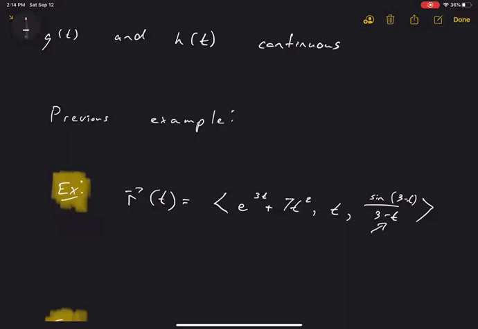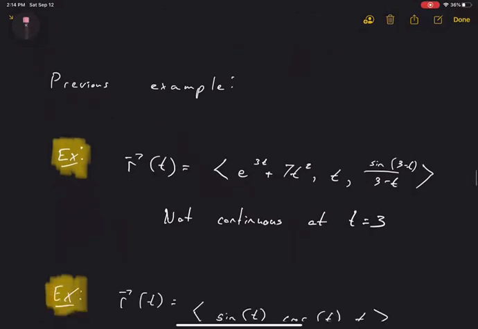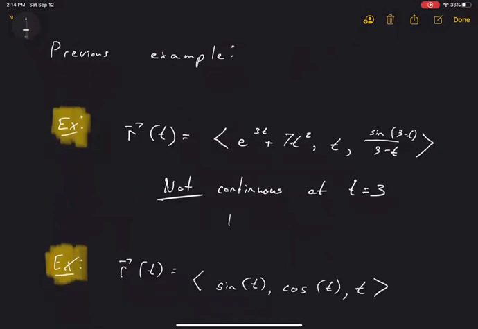So this function's not continuous at t equals 3. Even though the limit exists, the function's not continuous because it's not defined at this point. We can't divide by 0. So the function's just not continuous there.